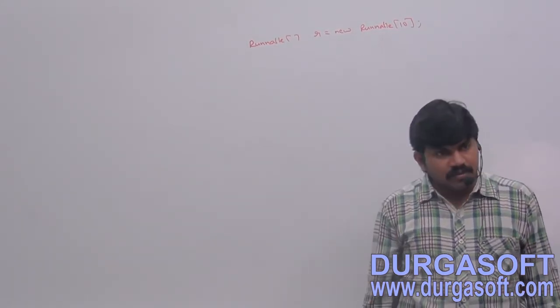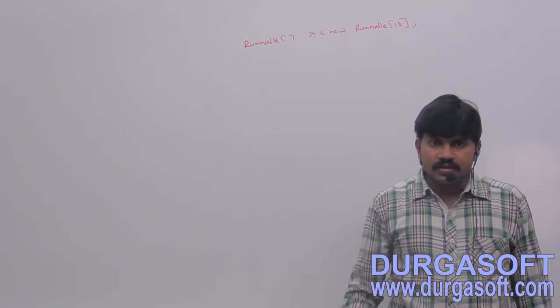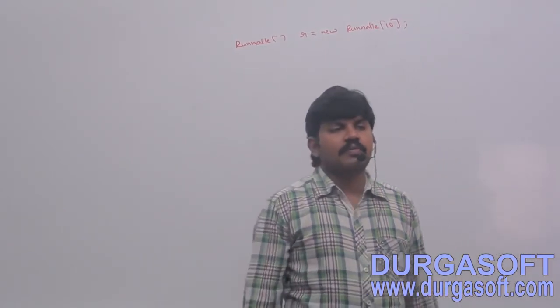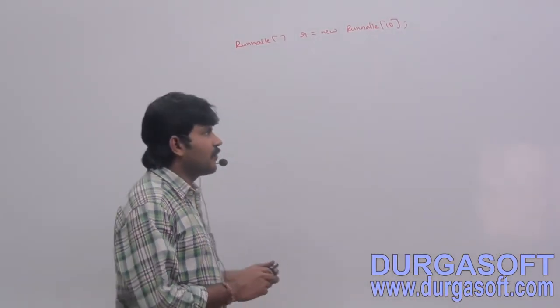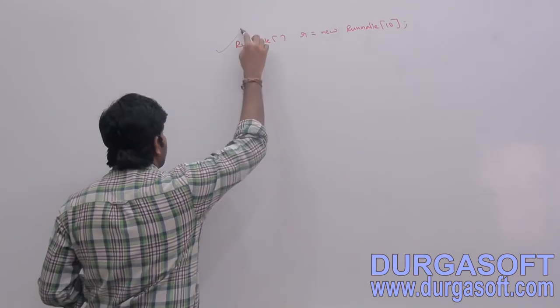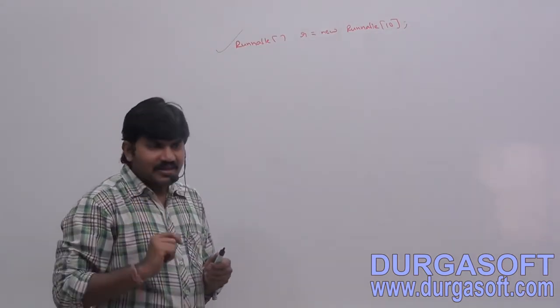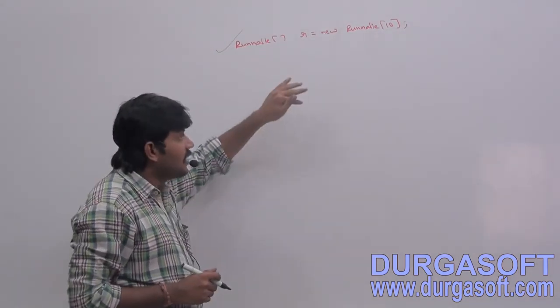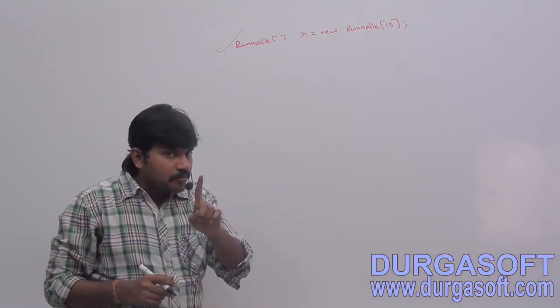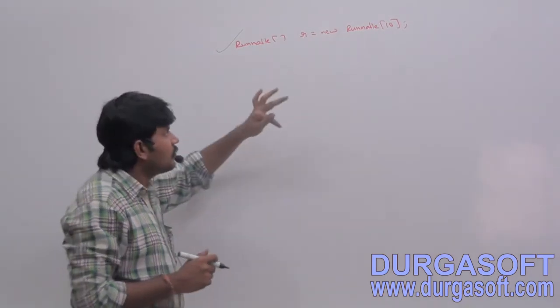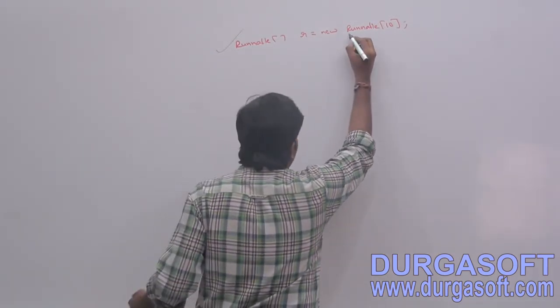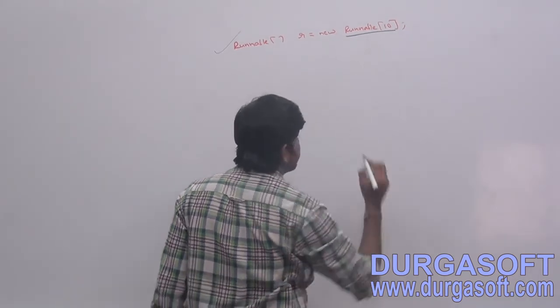Is it valid or invalid? Compile-time error, because Runnable is an interface? How can you create an object for the interface? No, this one is valid, no problem at all, because I'm not creating a Runnable object. Remember, I'm creating a Runnable type array object.